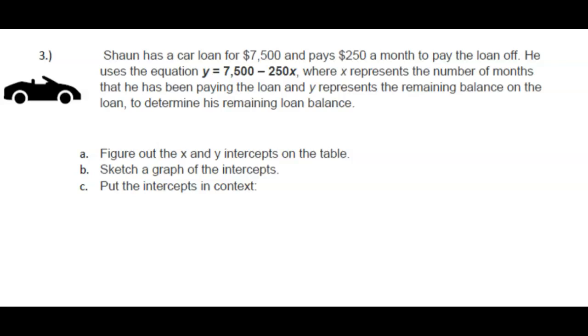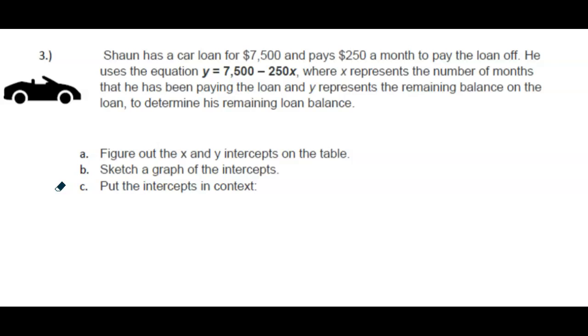He uses the equation y equals 7,500 minus 250x, because x represents the number of months that he's been paying for that loan. y represents the remaining balance on the loan. To determine his remaining balance, figure out the x and y-intercepts on the table, sketch a graph, and put the intercepts into context.